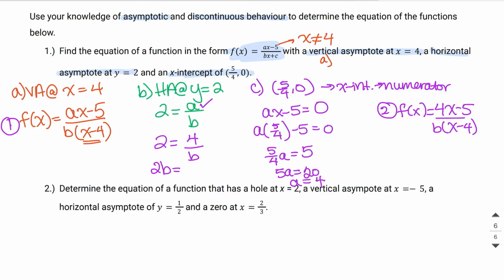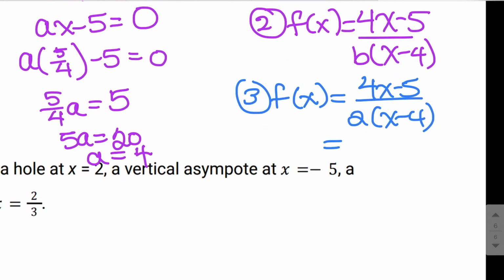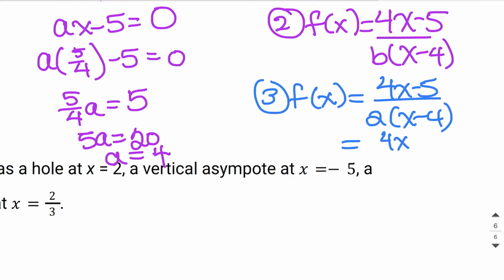Multiply both sides by b, I get 2b equals 4, so that means b equals 2. So now I can take that information and fill that in here. So now I can say, step 3, that f of x equals 4x minus 5 over 2 times x minus 4, which is the same thing as 4x minus 5 over 2x minus 8.